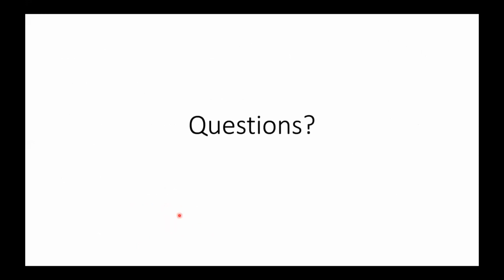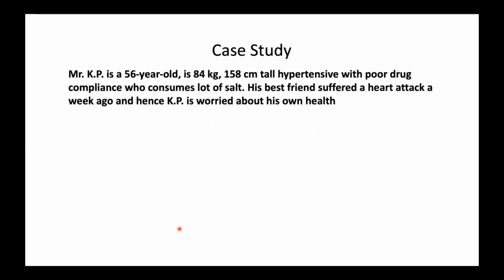So any questions? I think one part was that we should be having some case discussion. So I have prepared one case. Mr. KP is a 56-year-old, 84 kg, 158 centimeter tall, hypertensive, and poor diet compliant, and consumes a lot of salt.